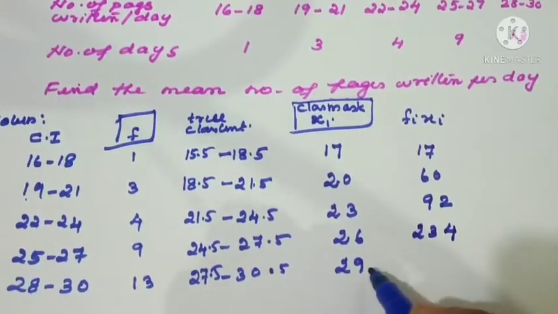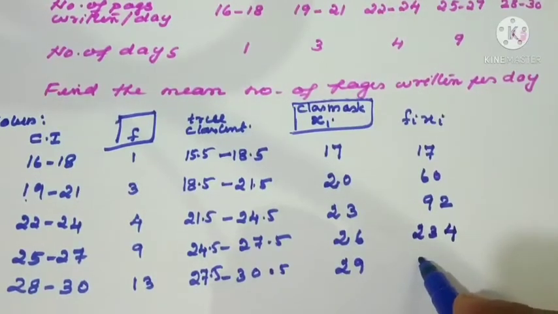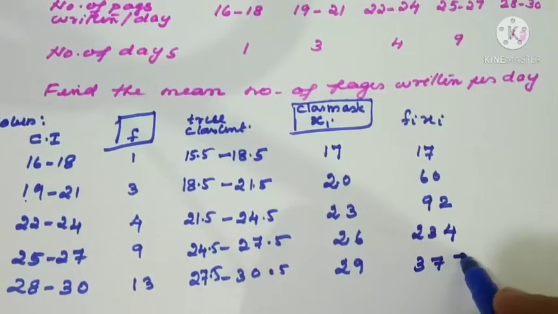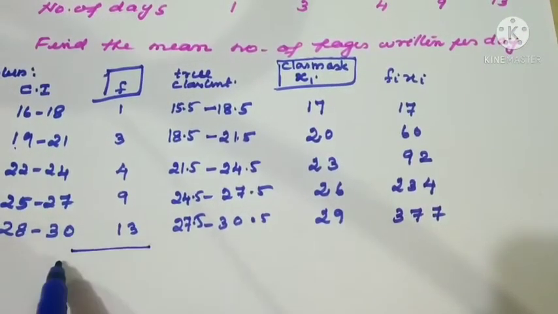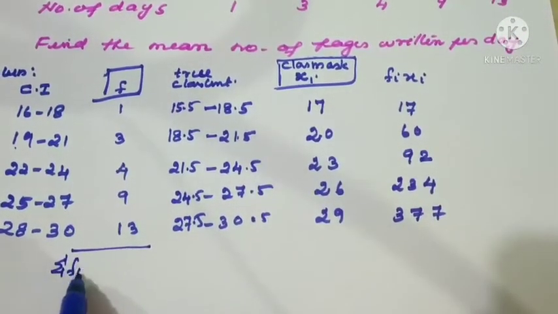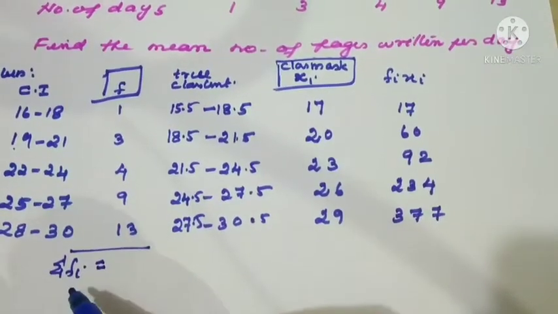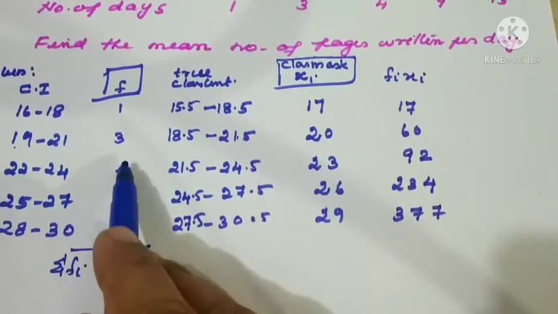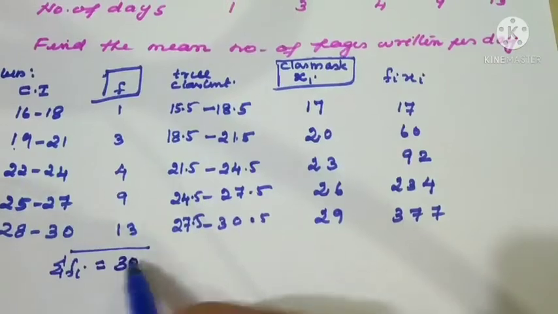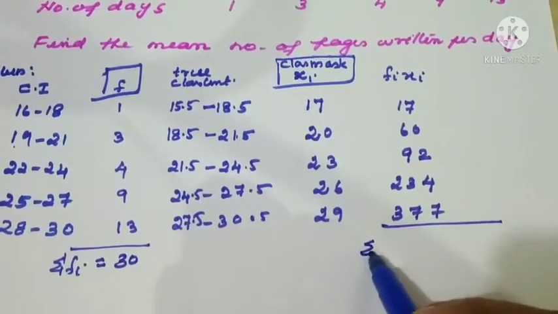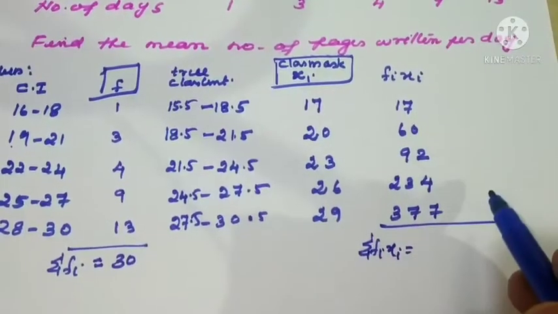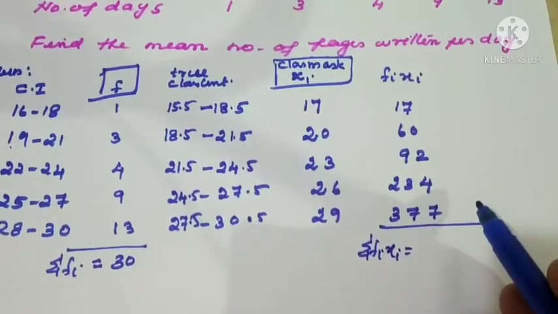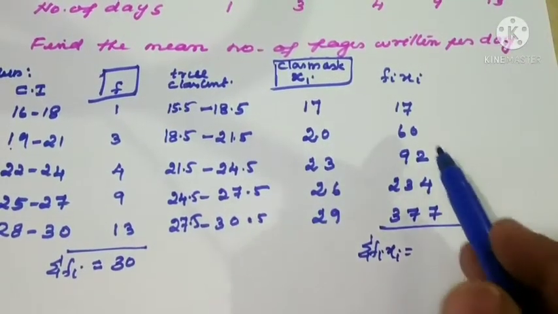Then 29 into 13, it is 377. Now what is the next step? We should write sigma Fi. It is equal to 30 only. Again sigma Fi xi. While writing itself, if you concentrate on our place value and all, it will be easy for us.